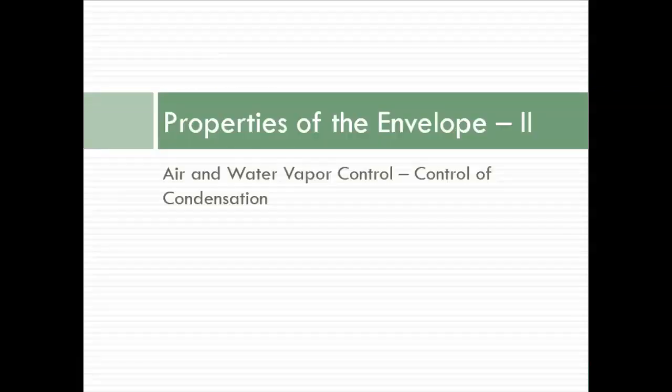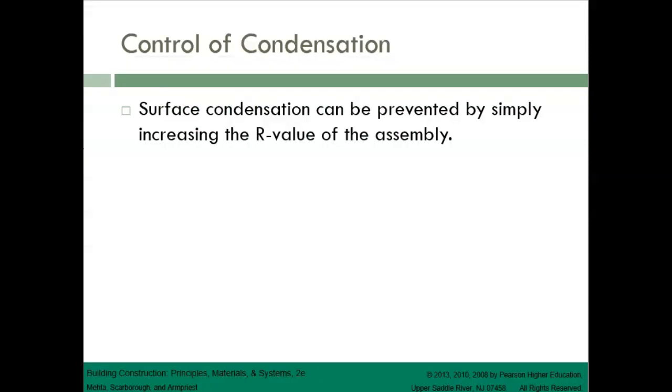Since both concealed condensation and surface condensation are undesirable, our goal would be to eliminate each of those, or condensation altogether. One way to eliminate surface condensation is to simply increase the R value of the assembly.